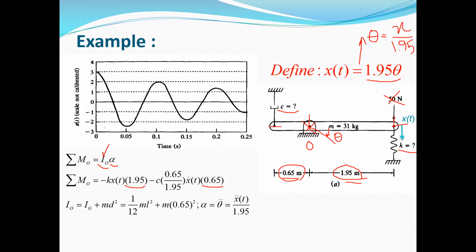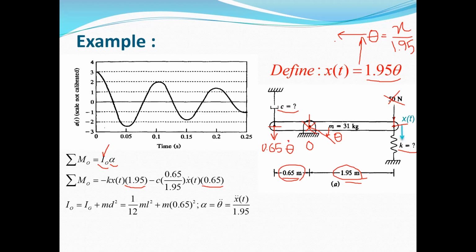Here we know that the force in this damper is equal to c times the velocity of this point. The displacement of this point is equal to 0.65 times theta, and as I told you, theta will be substituted from here. So instead of the velocity of this point, we will have 0.65 times theta dot, and theta dot can be obtained from here.